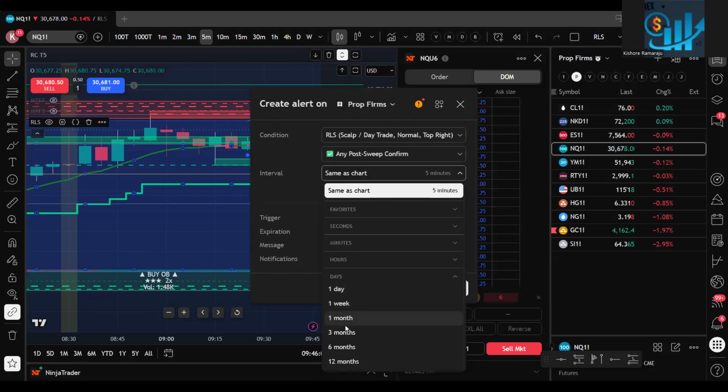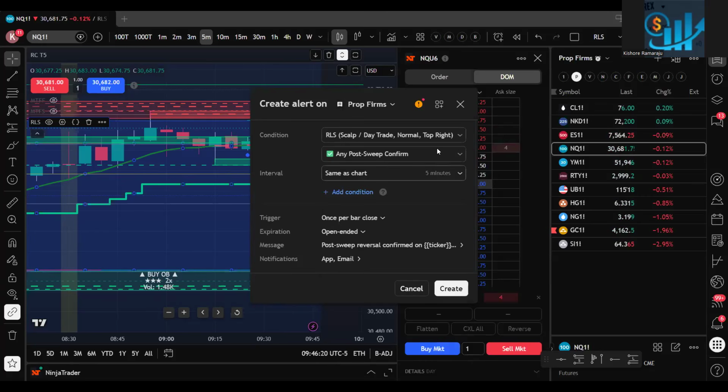Like that, if you want to hold it for a few years, in your IRA account or somewhere like that, you want to buy it low and sell it high, use 1 month, then you can hold it for nearly 3, 4, 5 years until you get a major sell signal. But for prop firms, because we have to close the trades by end of the day, generally we use 5 minutes, and then you select once per bar close and then create.